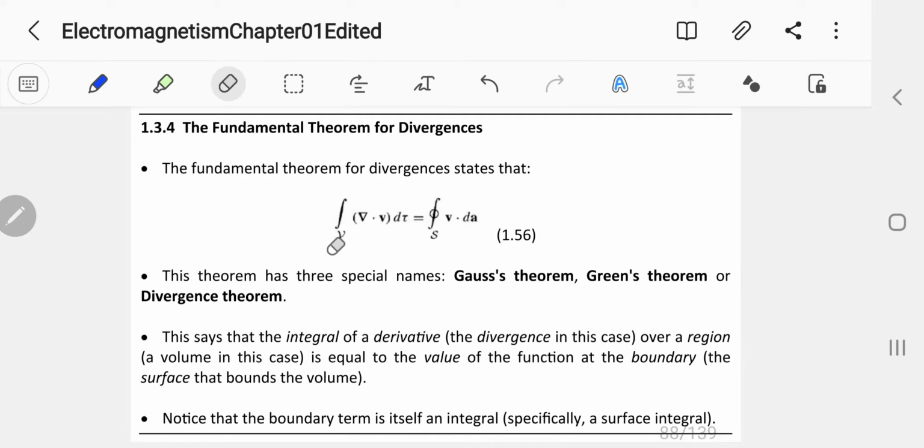This means that the divergence of v going out of the volume is just the integral of v over a closed surface. This theorem has three special names. You can call it Gauss law, Green's theorem, or Divergence theorem.